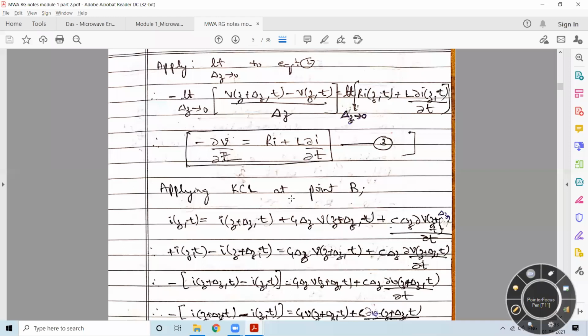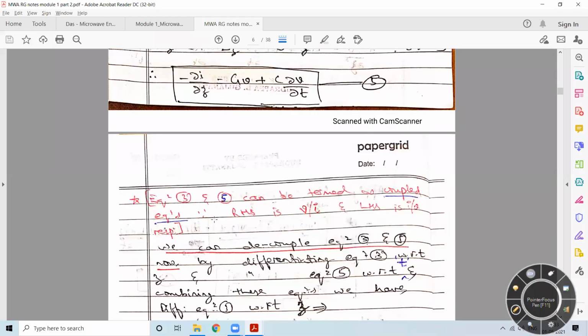So now that equation I replace in the other equation. So that is what we do in the next step.